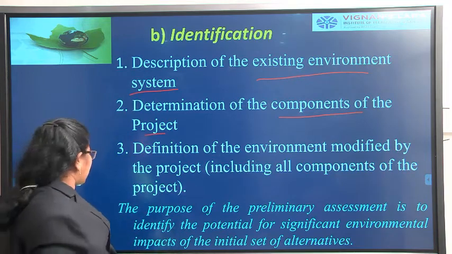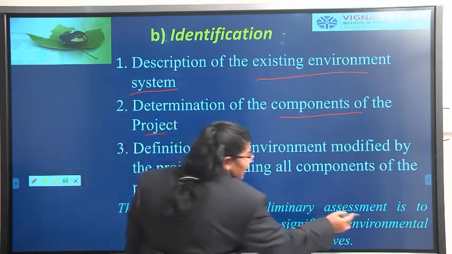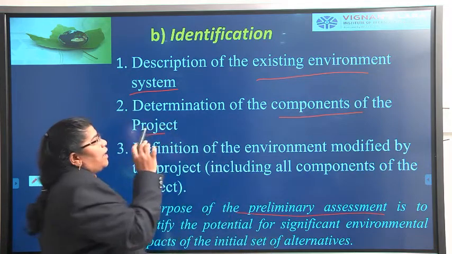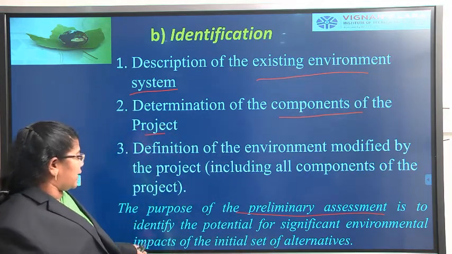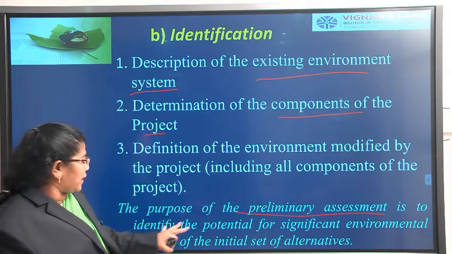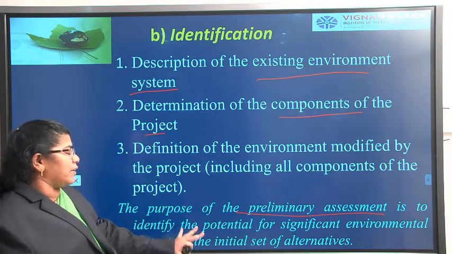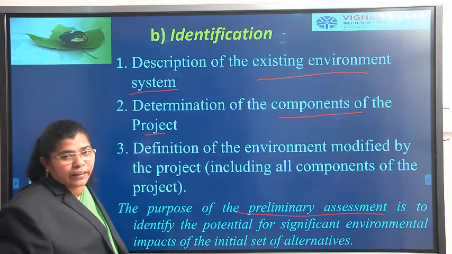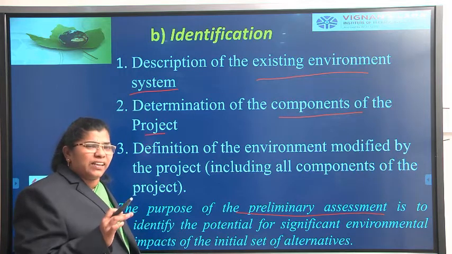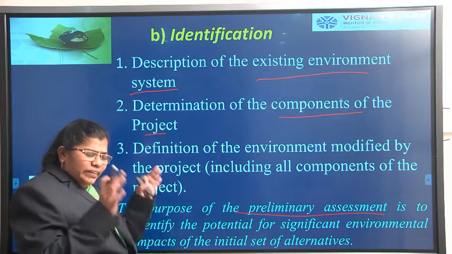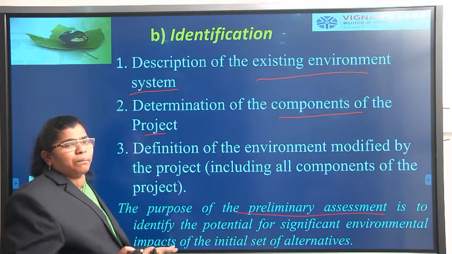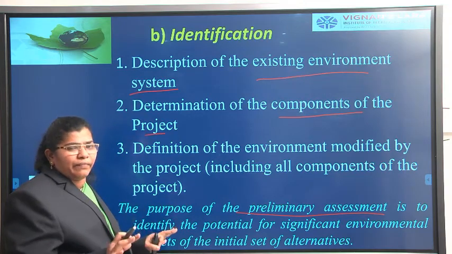Overall, the purpose of the preliminary assessment, that is the EIA assessment, is to look at the potential for significant environmental impact of the initial set of alternatives. The main thing, what is EIA? The main thing is whether it has a positive impact on the environment.